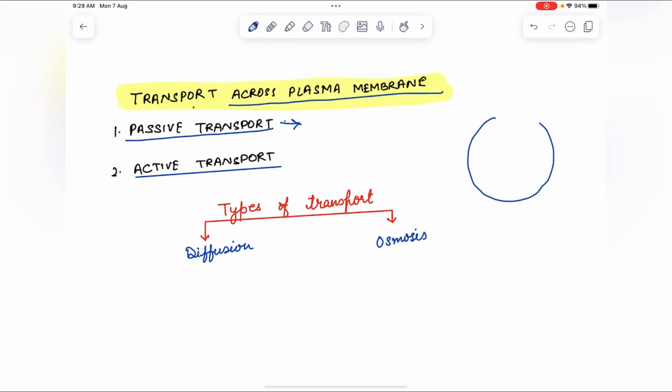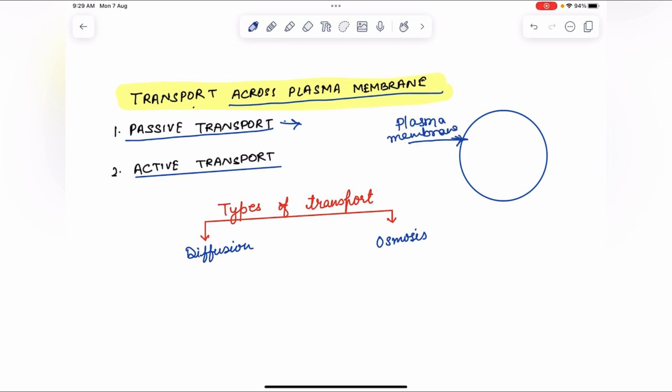This is a cell and this is a plasma membrane, through which substances may enter into the cell and move out of the cell. That is passive transportation and active transportation.